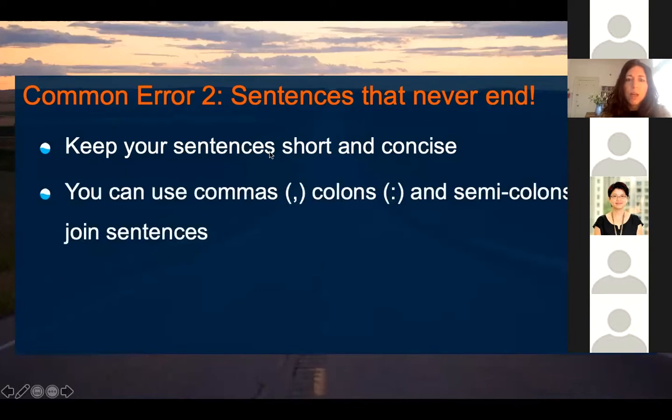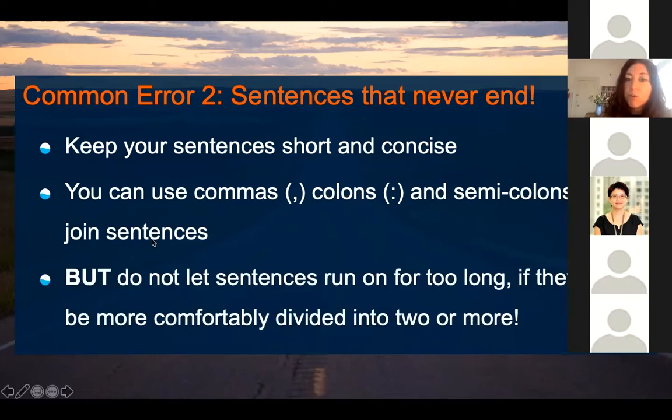As I said, you can use commas, colons, semicolons, obviously in a grammatically correct way to join sentences. But do not let sentences run on for too long if they can be more comfortably divided into two or more. That's really important. Just try and keep it as clear and concise as you possibly can when you're writing.